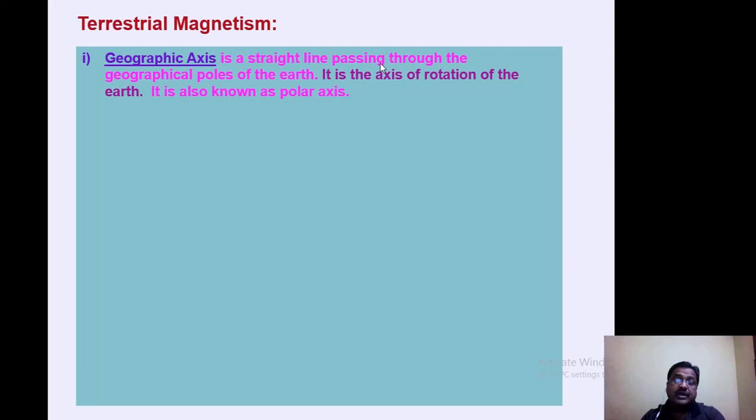If you suspend a magnet and let it swing, it will come to rest again at some time, and in that rest position the north pole of the magnet will point towards the north of the earth and the south pole towards the south of the earth. That means the magnet will come to rest with its north pointing geographic north and south pointing geographic south. It indicates that the suspended magnet is certainly under the influence of a magnetic field whose lines of force are nearly parallel to the geographic north and south.